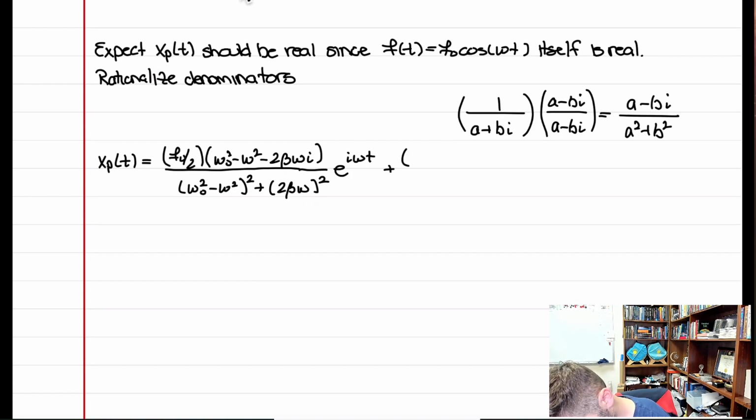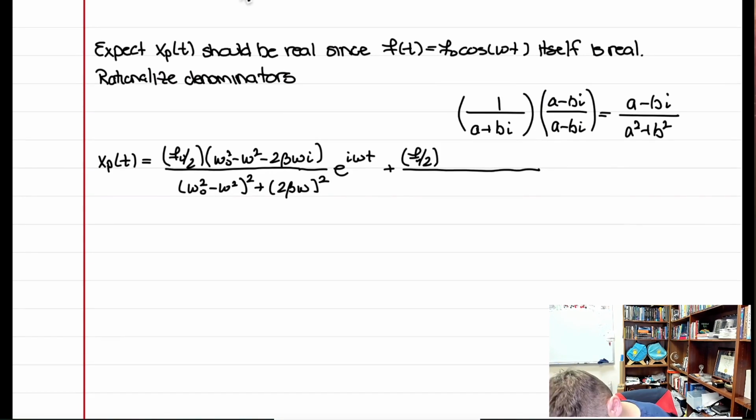And then that's being added to it. So we've got the f0 over 2. You actually get the same denominator, which is helpful on this one as well. But then the numerator looks close but not exactly the same: omega naught squared minus omega squared plus 2 beta omega i, because it's the complex conjugate of what used to be in the denominator.